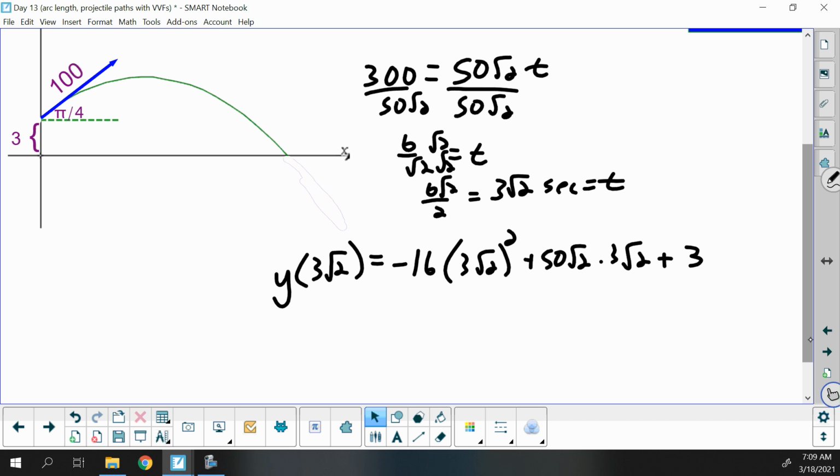You could either do this in the calculator, or it ends up reasonably nice by hand as well. When you sub it in, you end up getting 15 feet. So we would say yes, it is a home run.